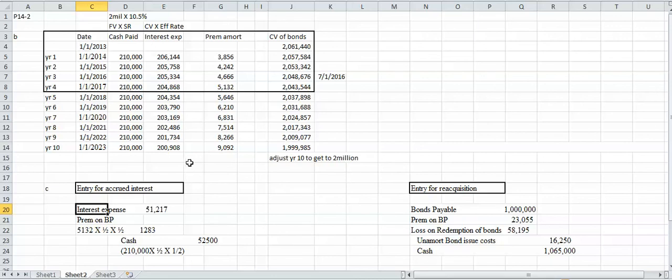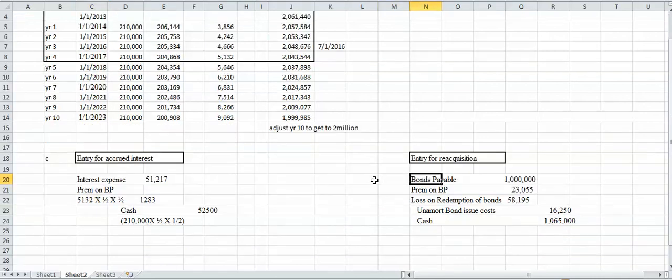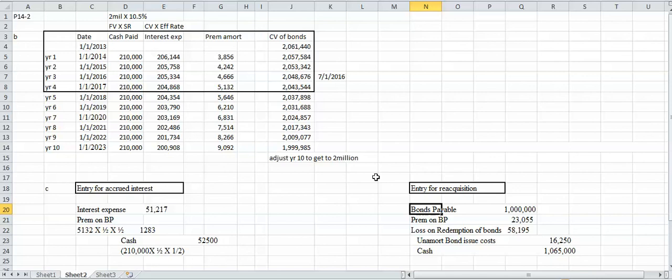All right, now let's do the final area over here. Entry for the reacquisition. So now we want to take the bonds off of our books. To do this, we're going to get the bonds first of all off the books.